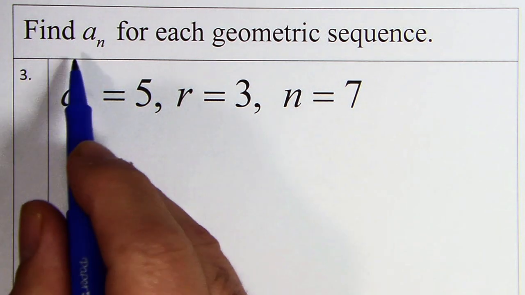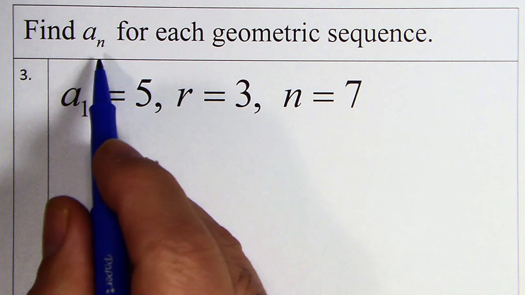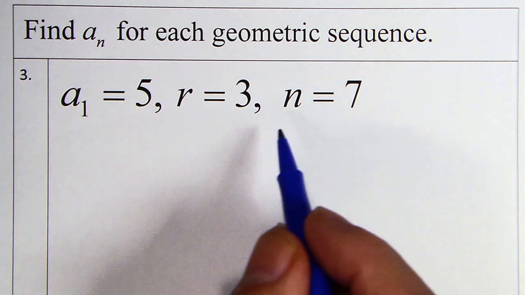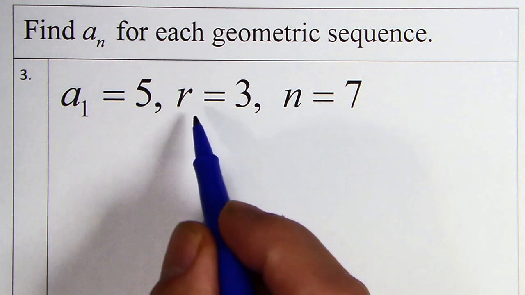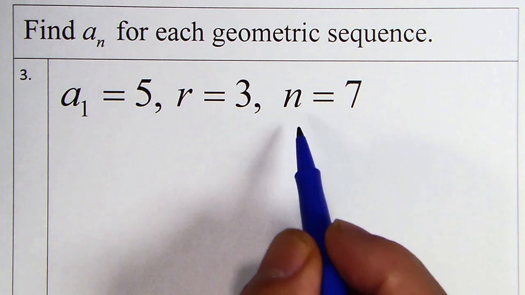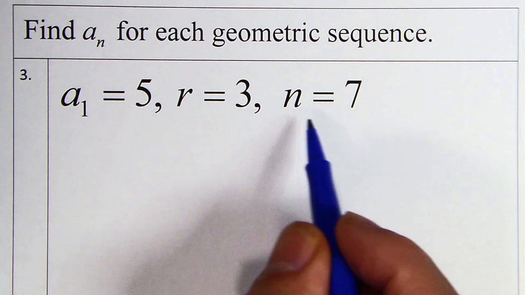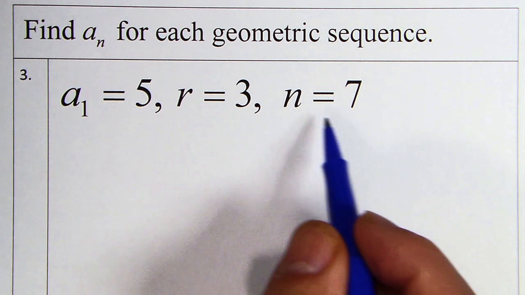To find the general term, the nth term for the geometric sequence given, the information a1, the first term is 5, the common ratio is 3, and n equals 7, so we need the 7th term.